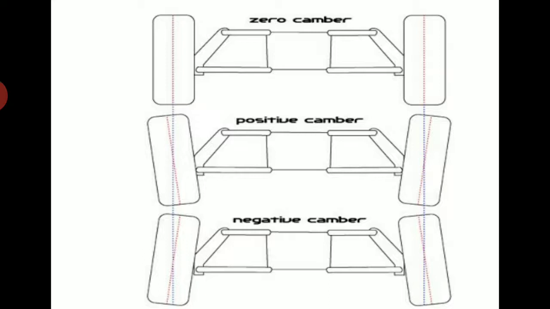So what is positive camber? You can see in the positive camber, the tires tilt outside, slightly, like 3 or 4 degrees. The tire will be outside, it is called positive camber. When the tires are inside relative to the center of the tire axis, and you can see the red line, the axis is changing, it is called negative camber.